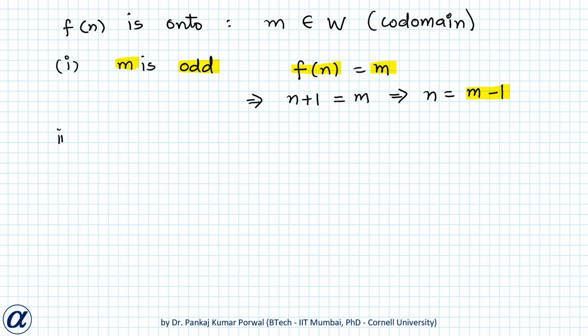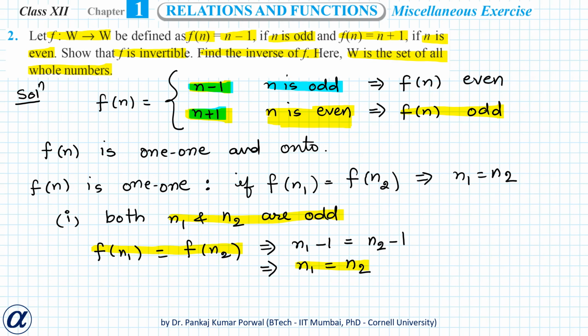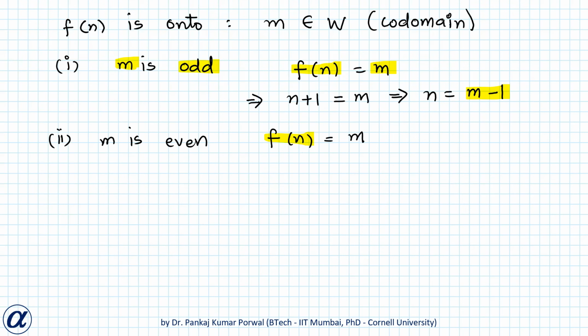Similarly, when m is even, to solve f(n) equals m, I will have to consider the case when f(n) is even, and when f(n) is even, n is odd. So I'll have to use this definition of the function, that is n minus 1. So here I get n minus 1 equals m. So this gives me n equals m plus 1.